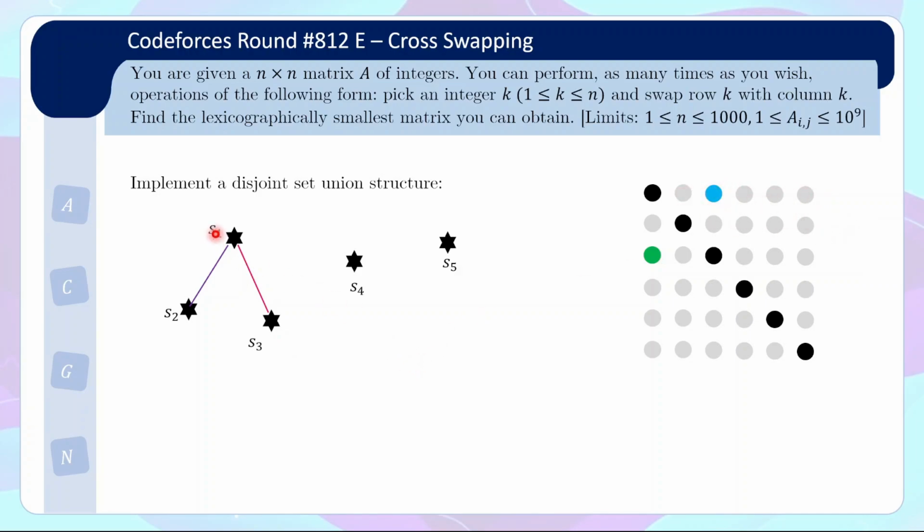And whenever we find that a constraint would be added between two parts of the disjoint set union that already belong to the same set, then we do not add that constraint. Let's say we go down and now we are at S2, S3, and we ask, should we add a constraint? No, we shouldn't, because it might either end up contradicting the existing constraints, or it is already going to be consistent with them.